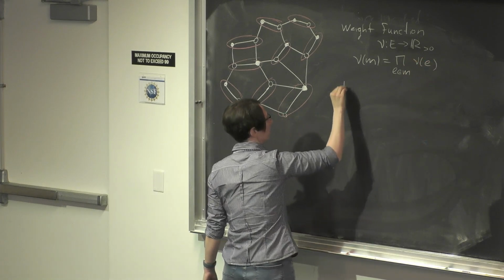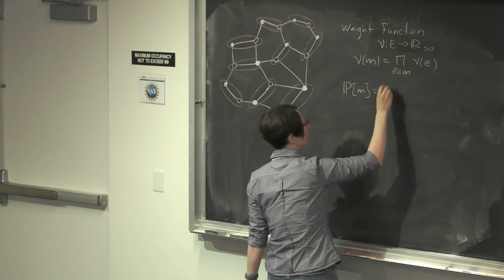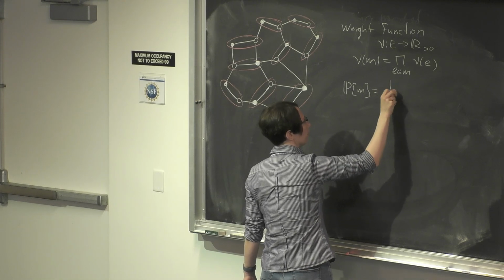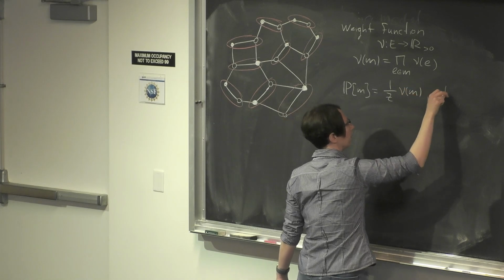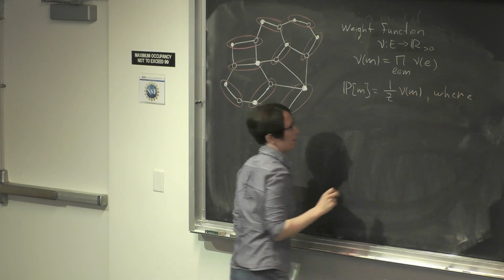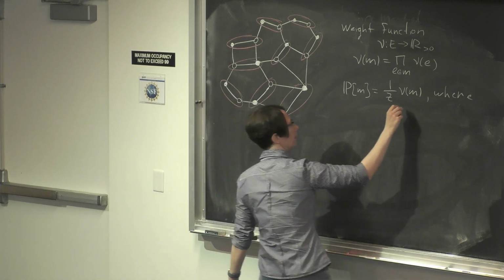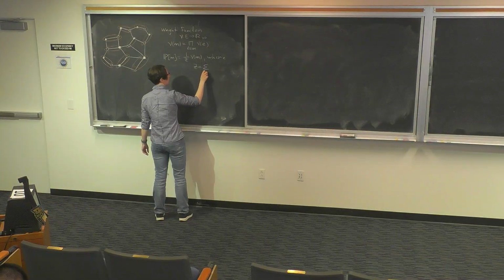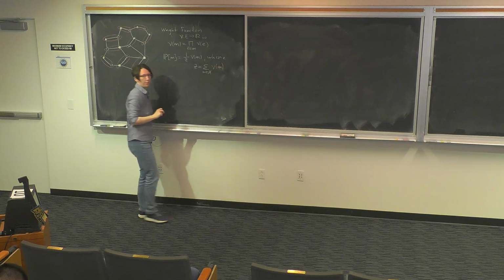And then the probability of a dimer configuration is proportional to its weight. So this is 1 over Z, where the normalizing constant, or the partition function, is simply the sum over all possible dimer configurations of the corresponding weights.